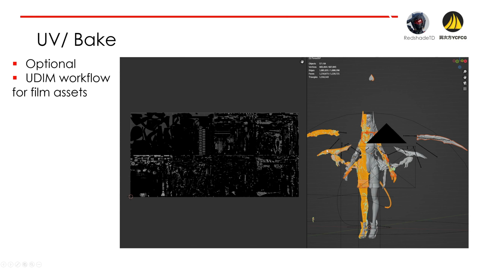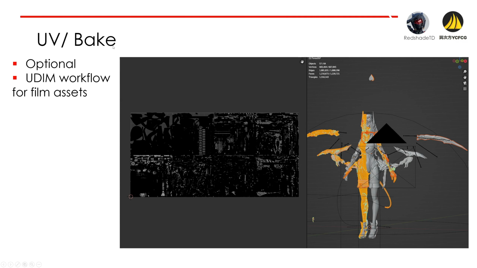If your character is going into a film, you may have liberty for more texture tiles, which is why I use a set of textures for Lilith. And that's just the textured part of her. She also has some procedurally textured parts that I don't use UVs for. So this step is entirely optional depending on your end goal for your characters.